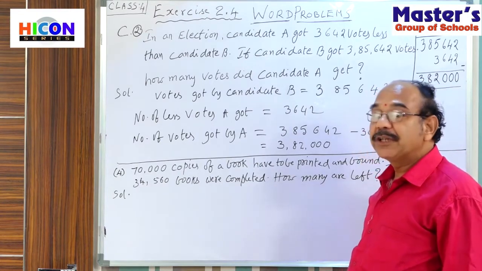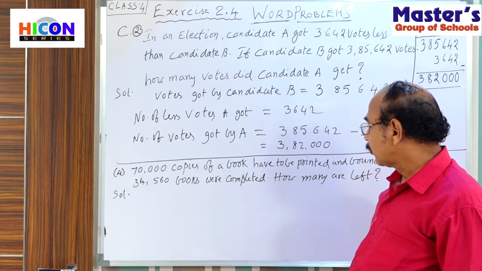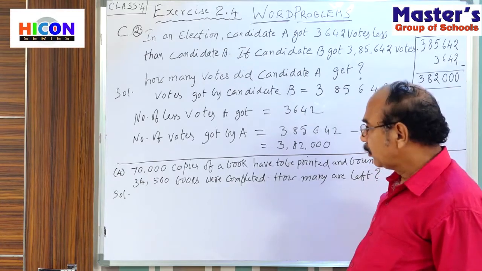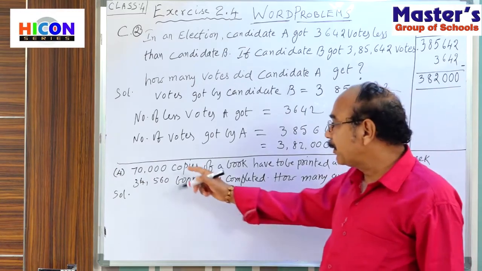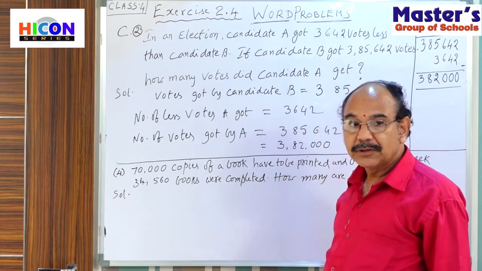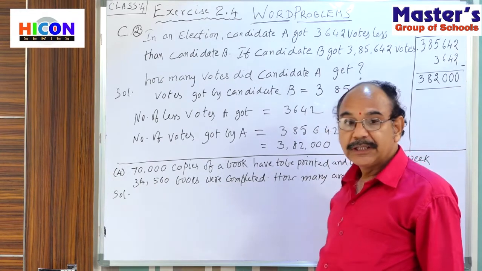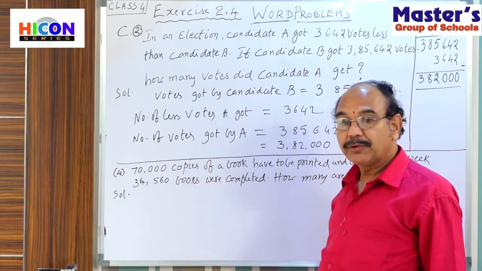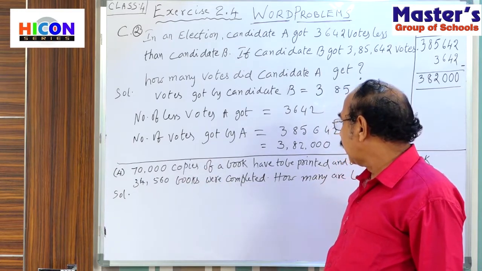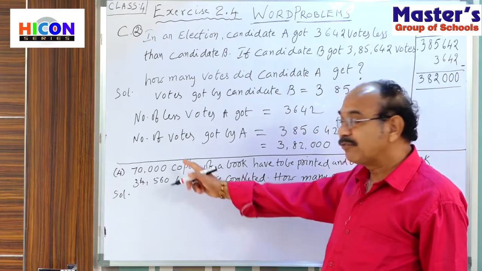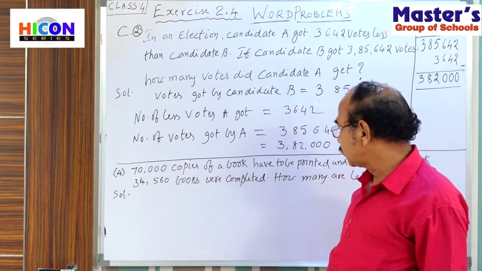So in this problem, how many copies of a book have to be printed and bound? This much of copies, 70,000 copies, ordered. Order is given for 70,000 copies.